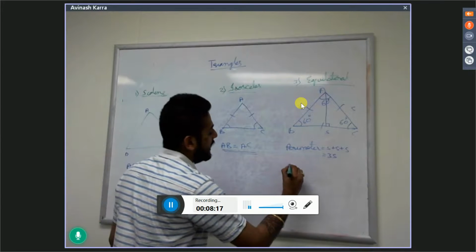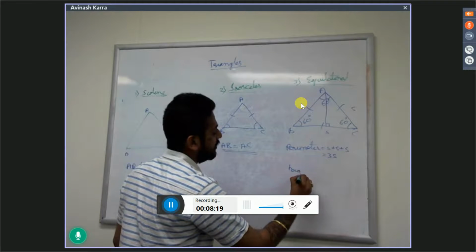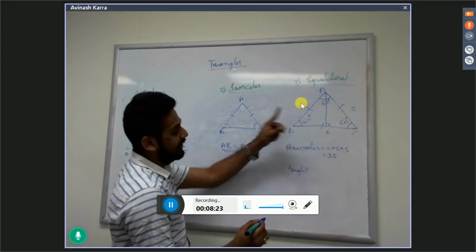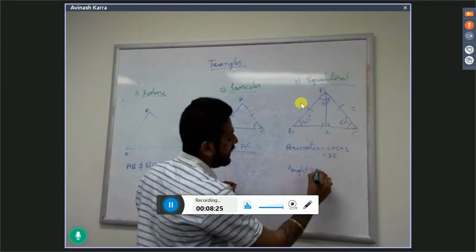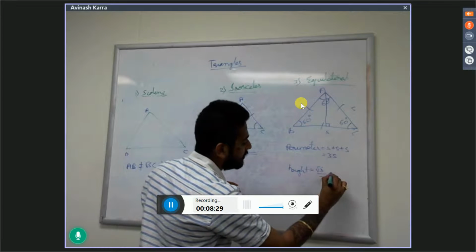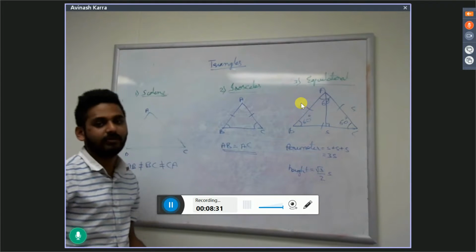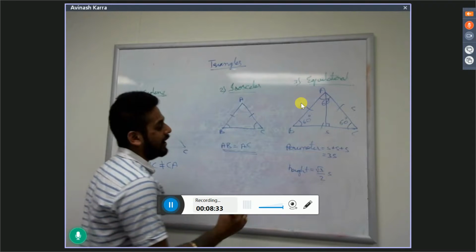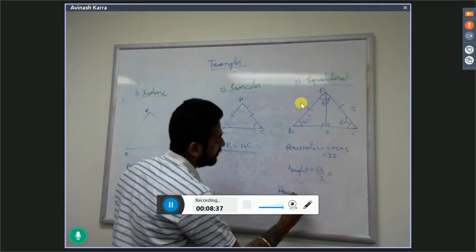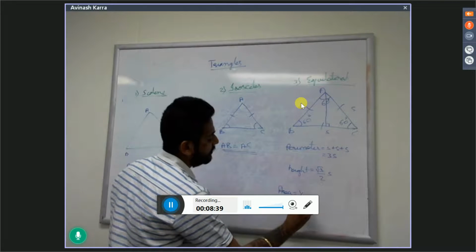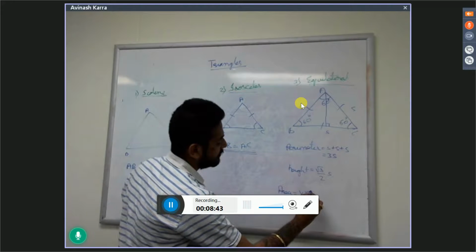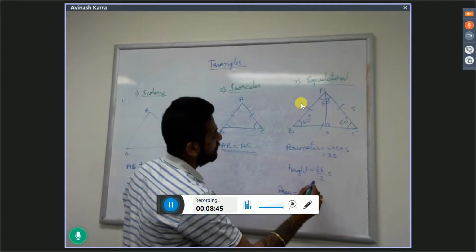And the height of the equilateral triangle will be root 3 by 2 S. And what will be the area? Half into base, base is nothing but S, into height.